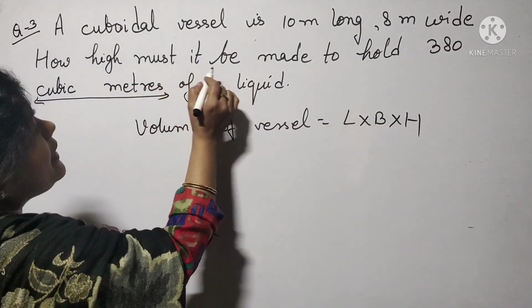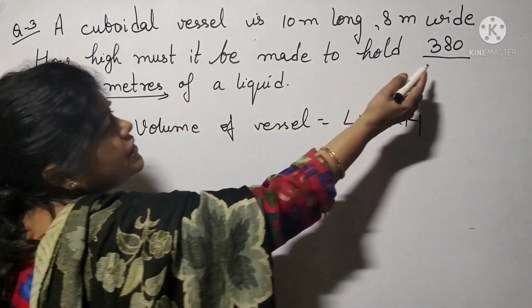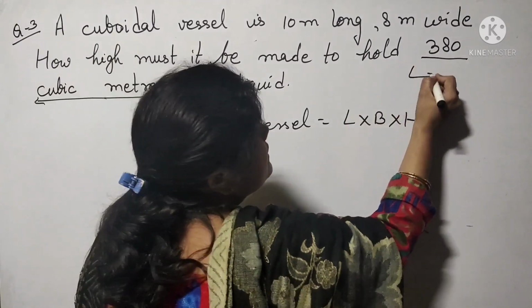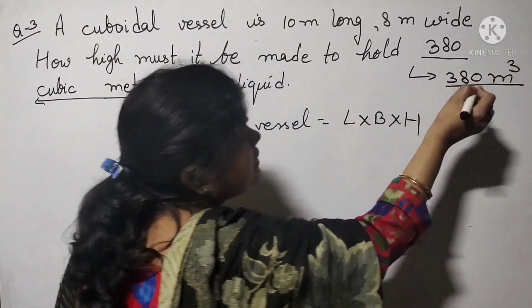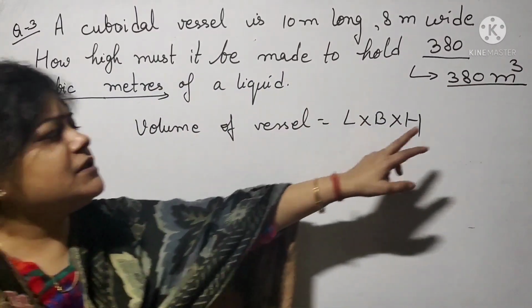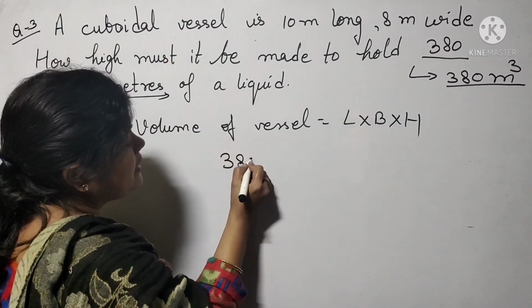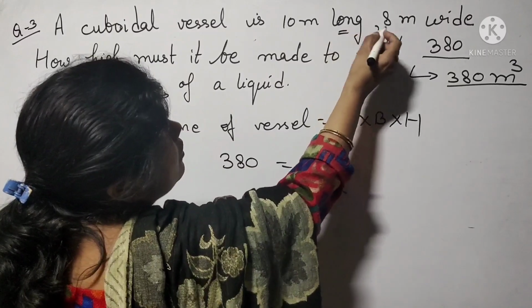Now, how high must it be made to hold 380 cubic meter? What is 380 cubic meter? It is the volume, that means meter cube. So we write over here 380. What is the length and breadth? 10 meter long, and 8 meter wide.